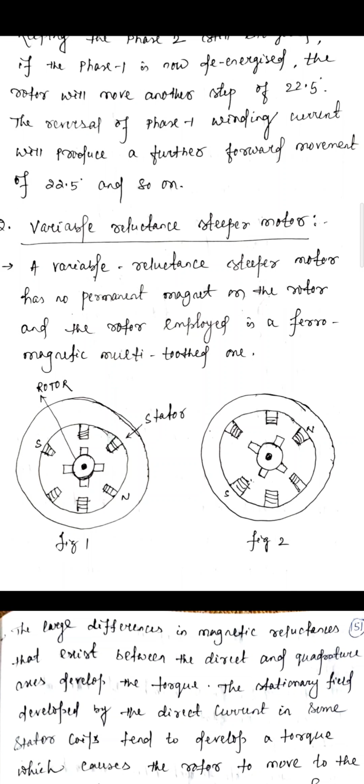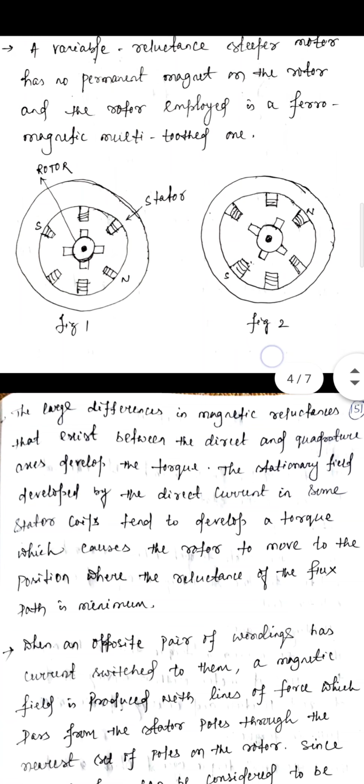See here. A variable reluctance stepper motor has no permanent magnet on the rotor, and the rotor employed is a ferromagnetic multi-toothed one. You can see in the figure.